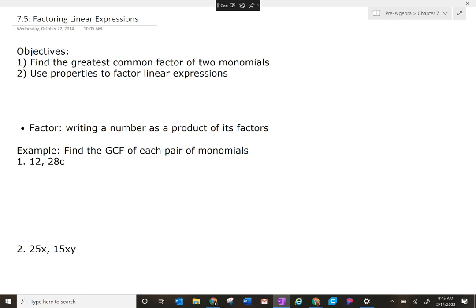A monomial is one number-letter combination, like 24, 36, 5x, 25x. Then we're going to use properties to factor linear expressions, meaning we'll have a monomial plus another monomial, so two groups of numbers and letters together.